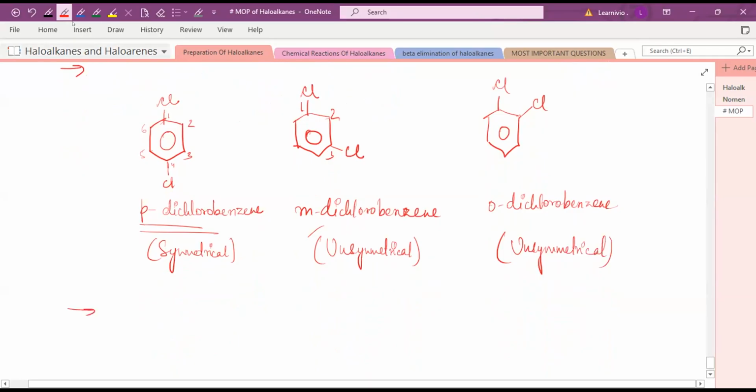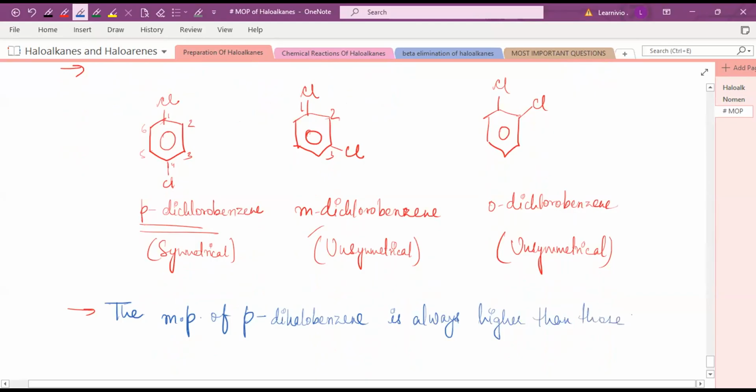Okay, so you can write down here: the melting point of para dihalobenzene is always higher than those of the ortho and meta isomers.